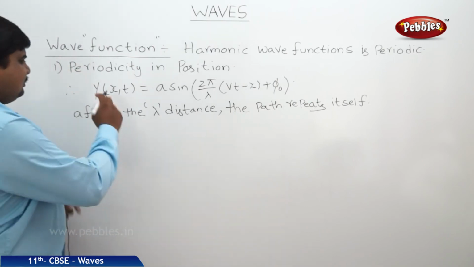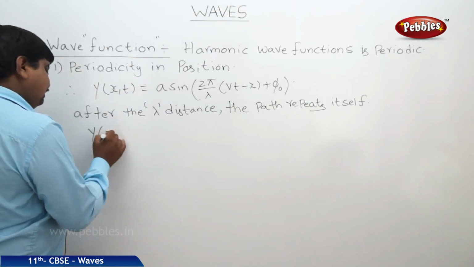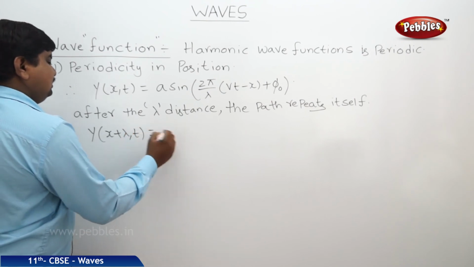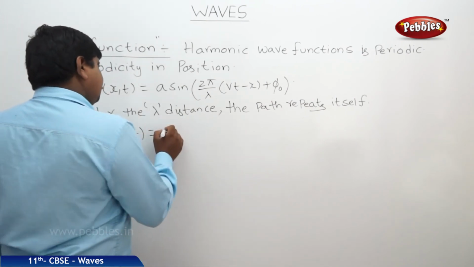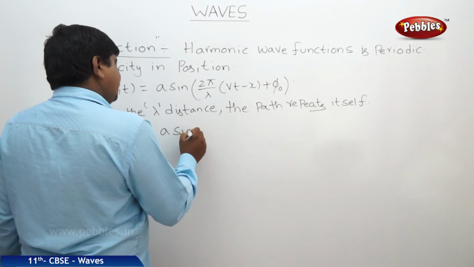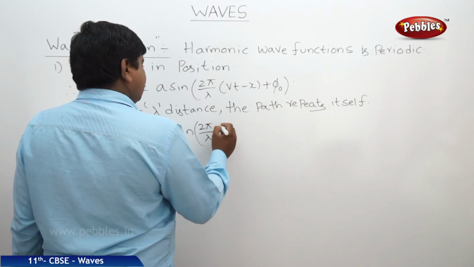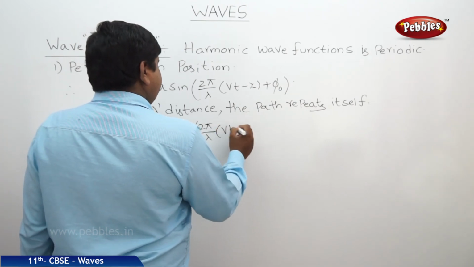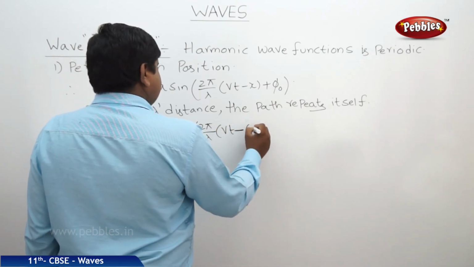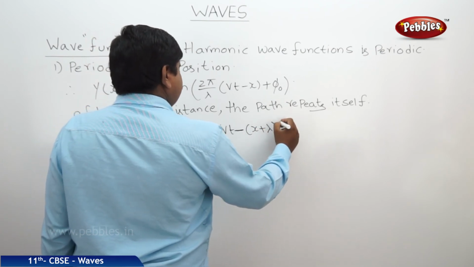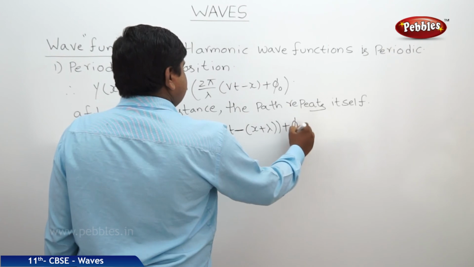Therefore y(x plus lambda, t) is equal to A sin 2 pi by lambda into (vt minus (x plus lambda)) plus phi naught.